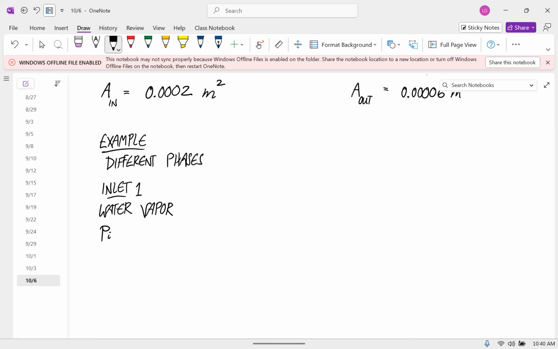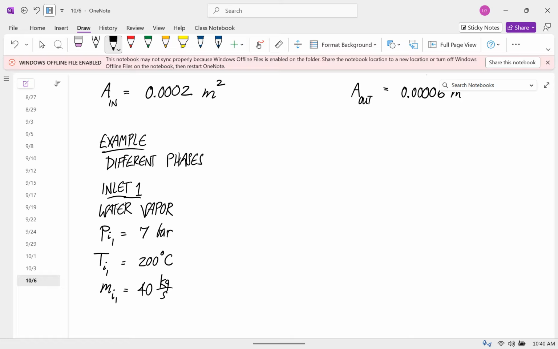So at inlet 1, we have vapor, and the pressure at inlet 1 is 7 bar. The temperature at inlet 1 is 200 degrees Celsius. And the mass flow rate at inlet 1 is 40 kilograms per second.